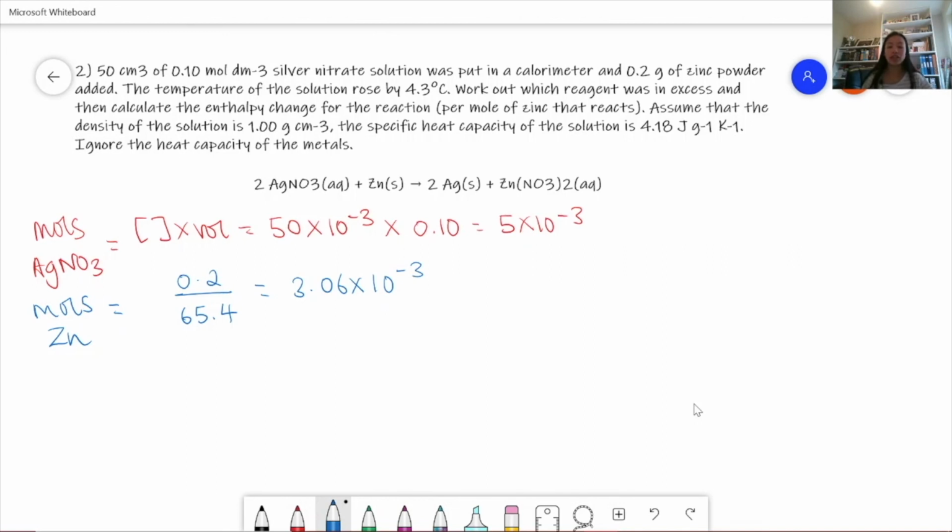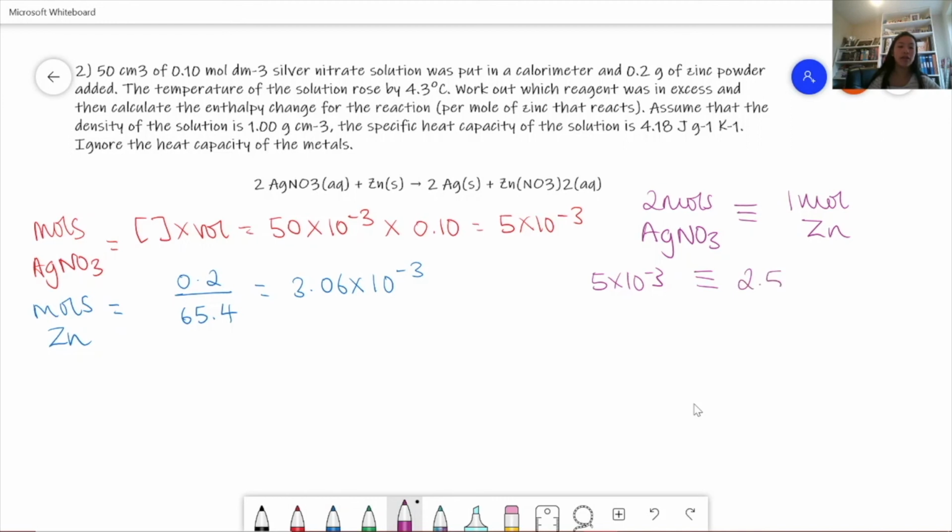And now we look at the equation and we look at the ratio. So the equation tells us that 2 moles of silver nitrate react with 1 mole of zinc. So if we first look at the silver nitrate, that means that if we have 5 times 10 to the minus 3, then that should react with half the amount of this number of moles of zinc, because it's a 2-to-1 ratio.